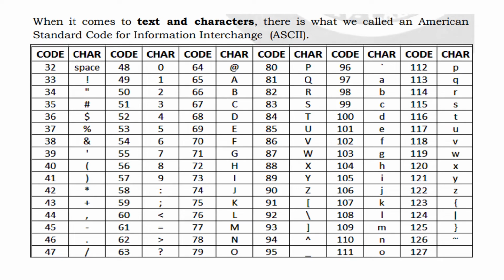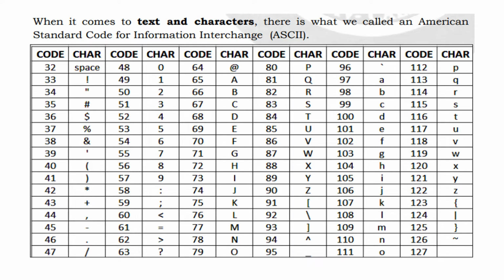When it comes to text and characters, there is what we call the American Standard Code for Information Interchange, also known as ASCII characters. Each character has a code. For the space character, the code is 32.